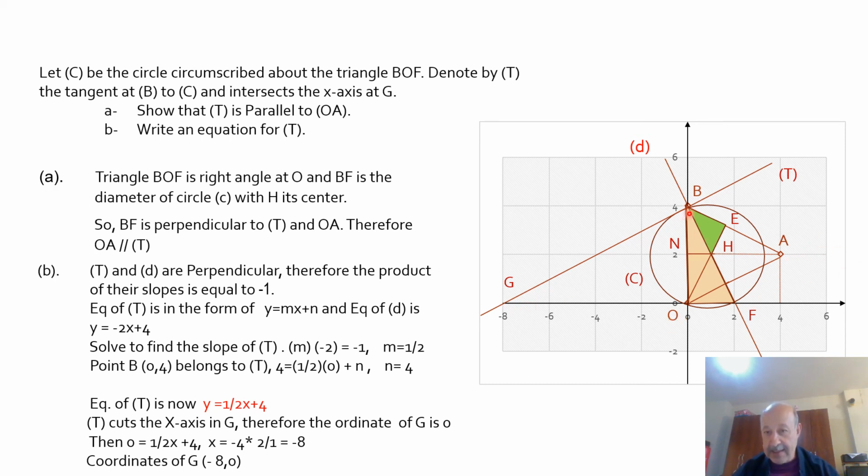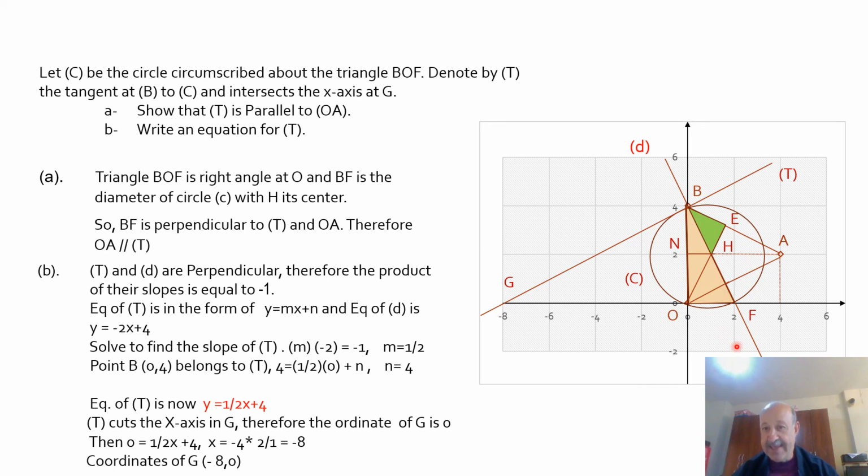We notice that BF is perpendicular to T, the tangent, because BH is the radius and H is the center of the circle, so the tangent is perpendicular to the radius.